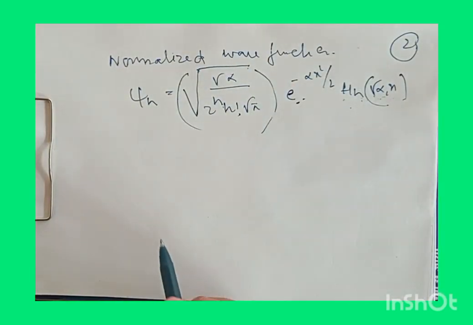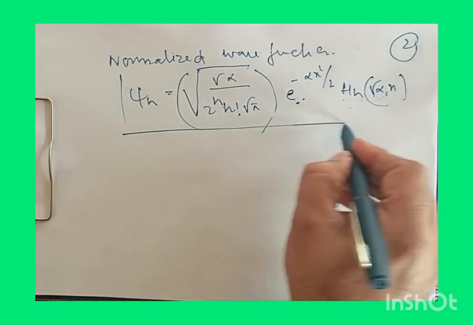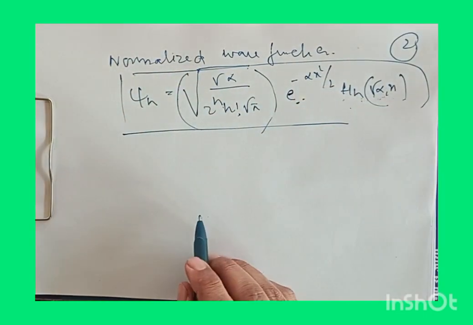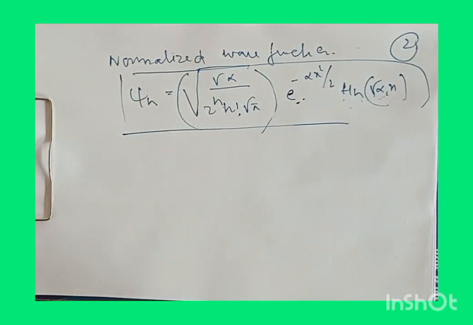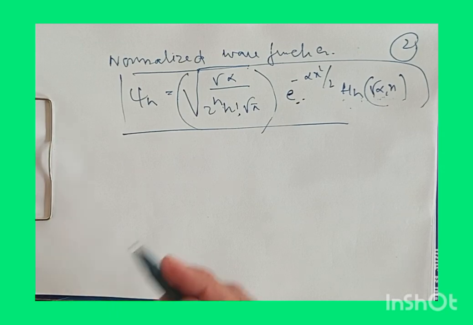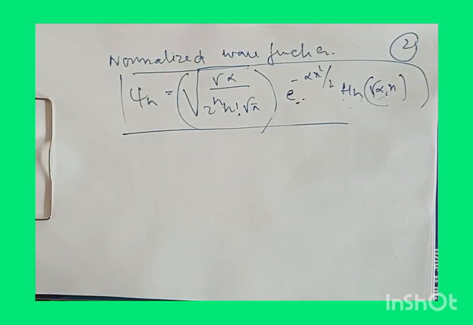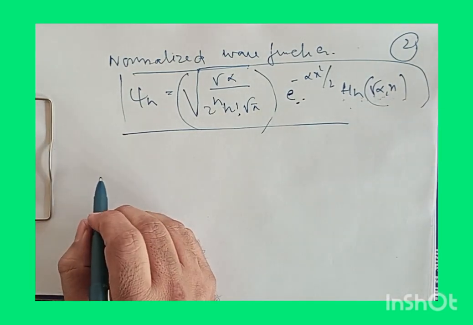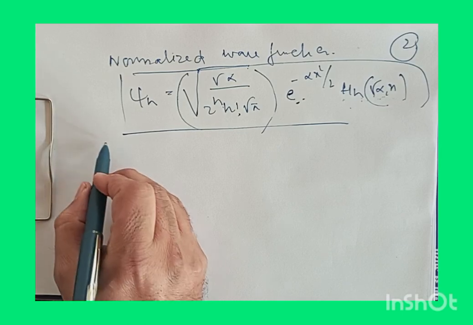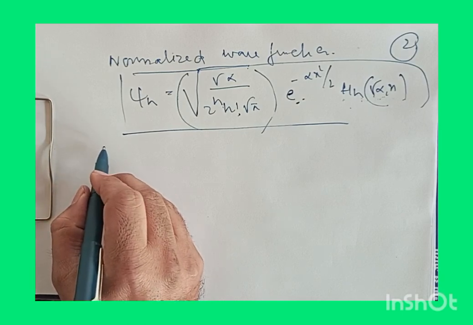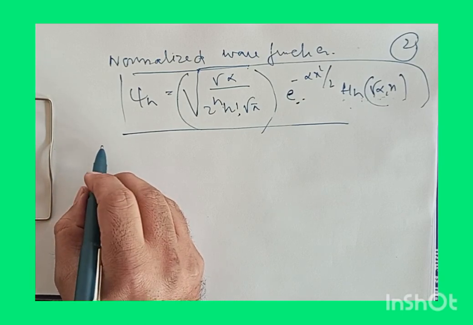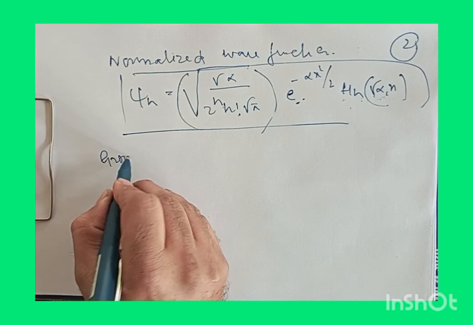Now, we have a normalized wave function. We want to get this wave function for the first three important states of the harmonic oscillator, and the first case is what's called the ground state.